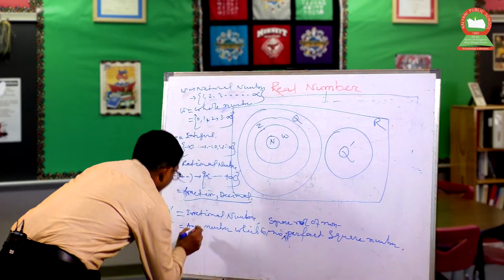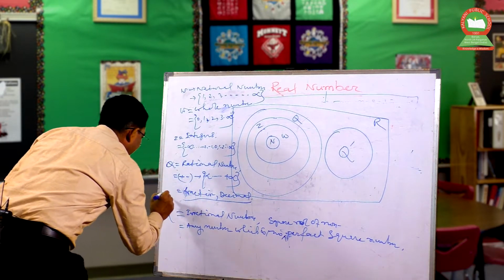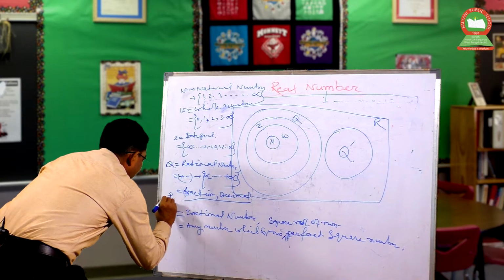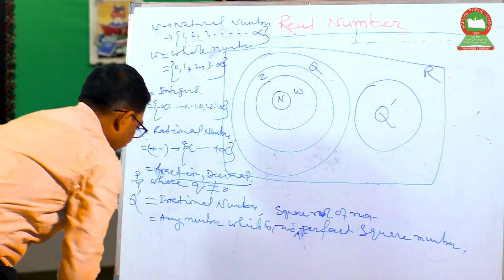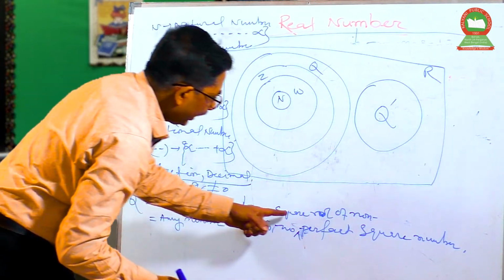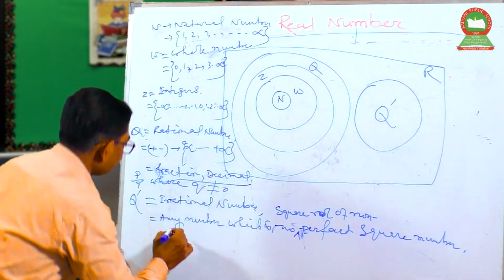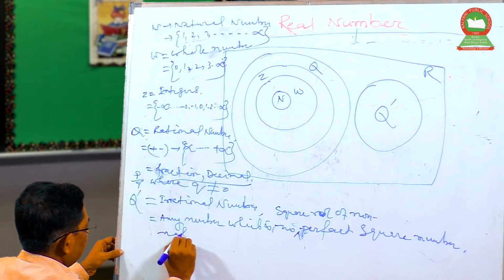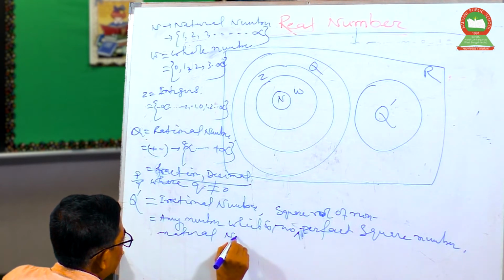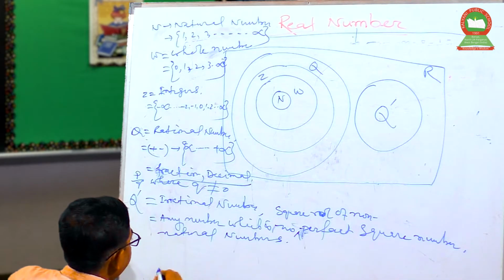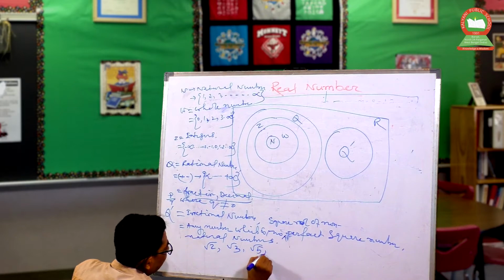Like this. Now I am just giving you some examples here. A rational number can be formed in the p by q form, where q is not equal to 0. Any number which is the square root of a non-perfect square of any natural number is irrational. What are those? Suppose root 3, root 2, root 5, maybe pi.